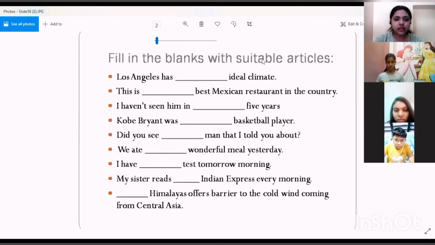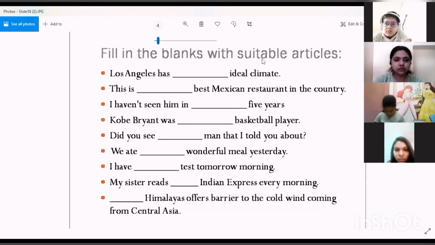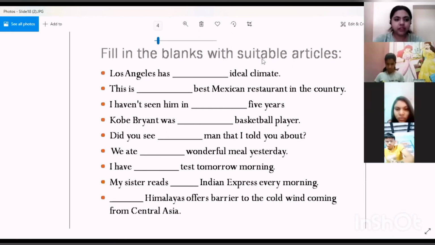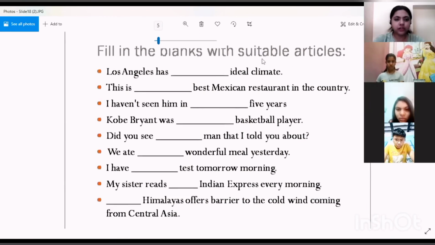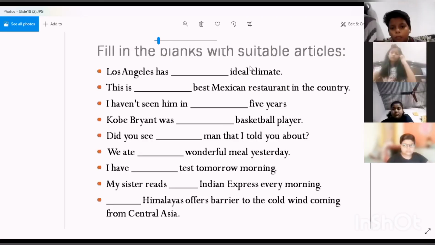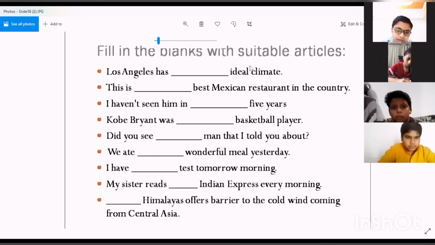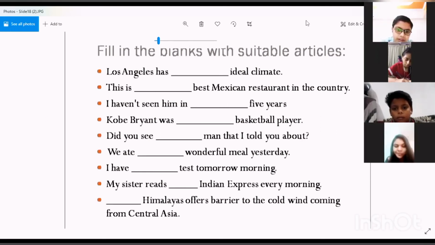Look at all the sentences. I'm giving you 45 seconds. Look at all the sentences and then raise your hands quickly.